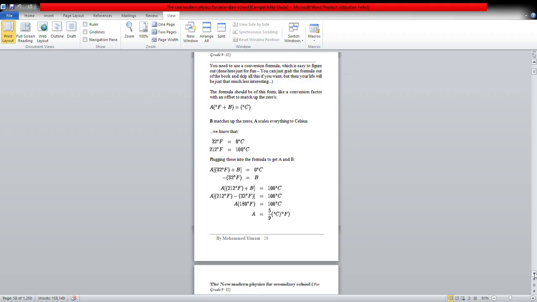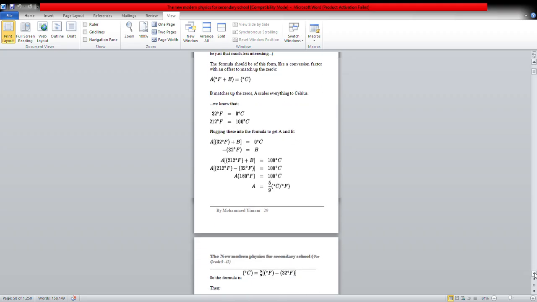We know that 32 degrees Fahrenheit is equal to 0 degrees Celsius, and 212 degrees Fahrenheit is equal to 100 degrees Celsius. Plugging this into the formula to get A and B: A times 32 degrees Fahrenheit plus B is equal to 0 degrees Celsius, so minus A times 32 degrees Fahrenheit is equal to B. A times 212 degrees Fahrenheit plus B is equal to 100 degrees Celsius.